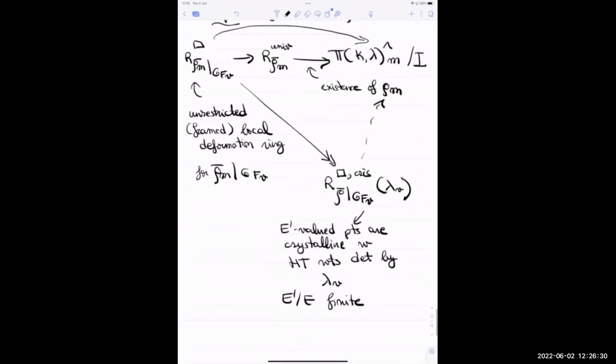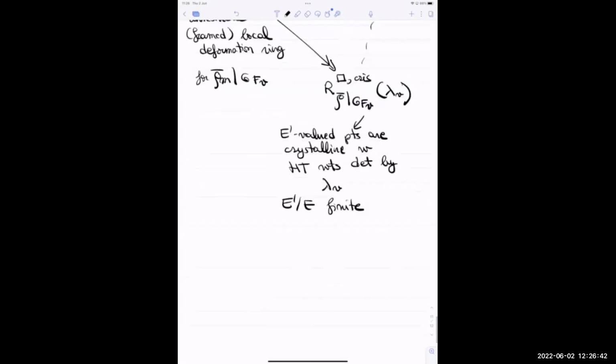So you can just say, in that case, you expect the representation to be Fontaine-Laffaille at v. But more generally, the way that you want to formulate it is to just say that it factors through the right deformation ring. And this is also what you need for modularity lifting. And I should say that there is an alternative.